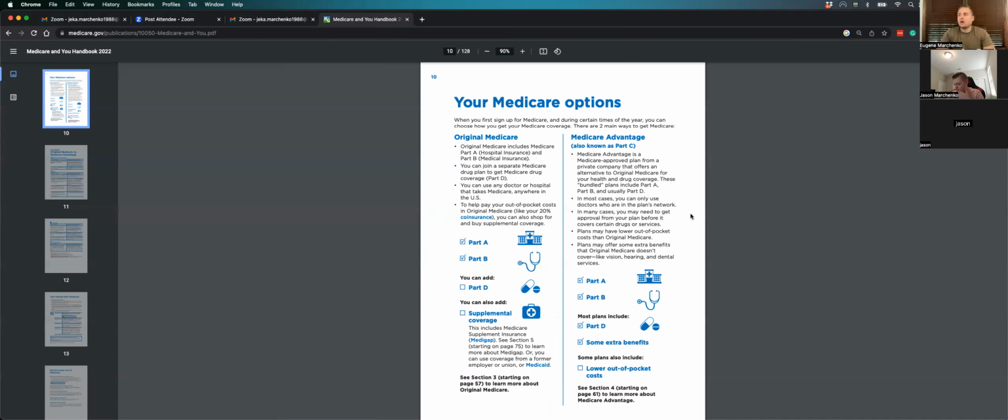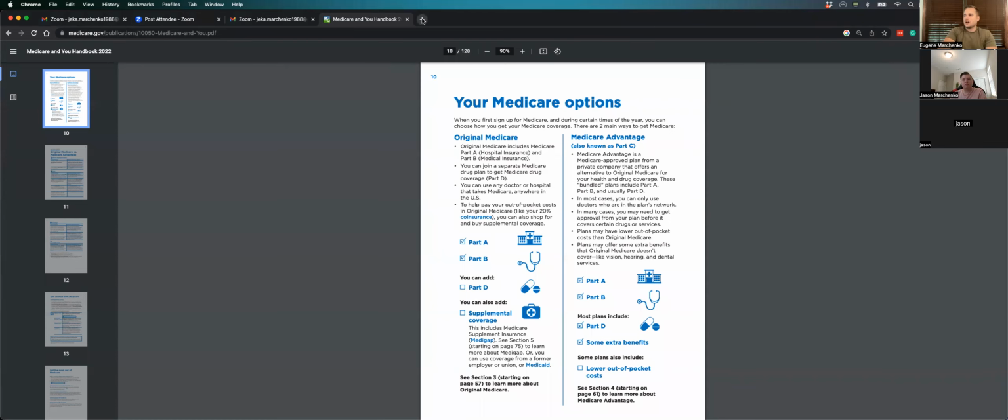Part A and Part B are considered original Medicare. So original Medicare is really only Part A and Part B. That does not include drug benefits, dental, or any of that. All that is separate, in addition to original Medicare.